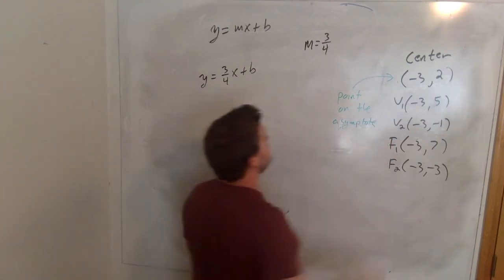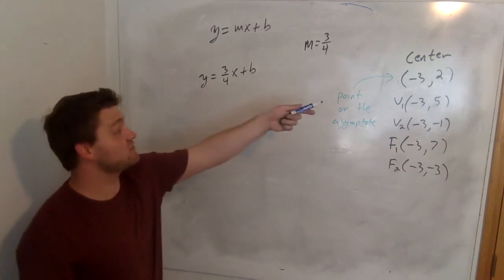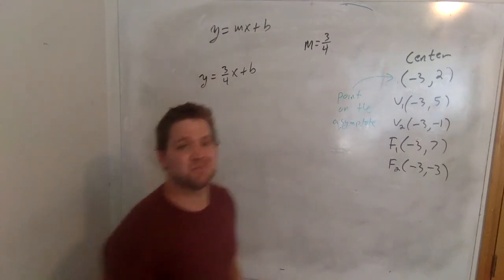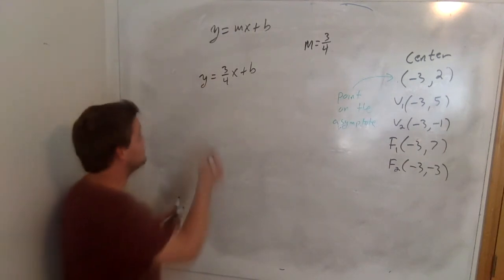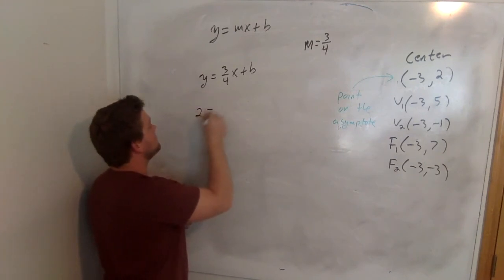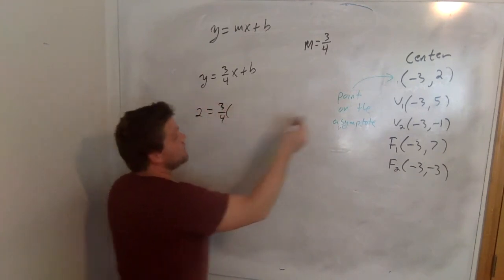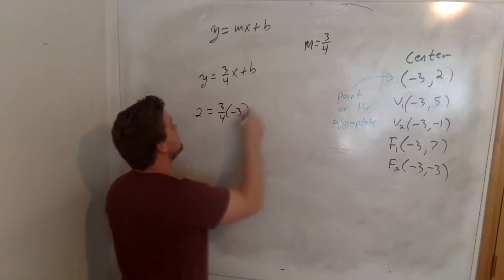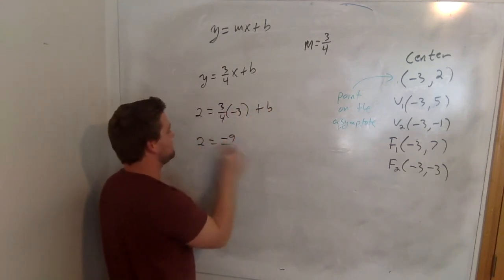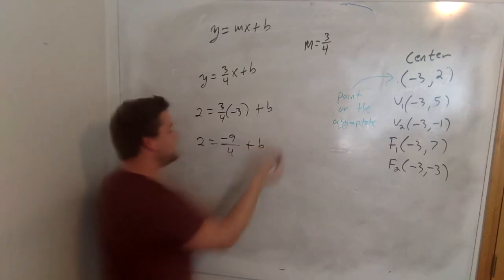So what we could do is just plug in those x and y values and figure out what value of b would force this to be a point on that line. So our y would be 2, so let's replace y with 2. And our x is negative 3, so 2 would be equal to negative 9/4 plus b.